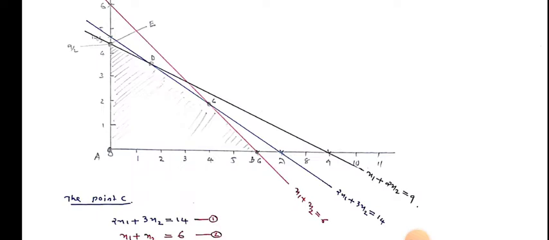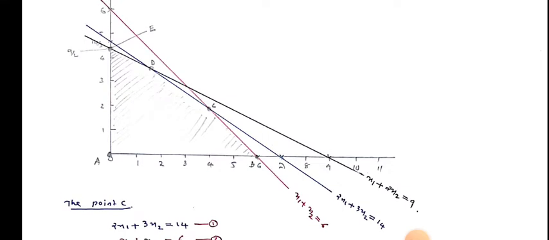This is the feasible region, and the corner points A, B, C, D and E are identified. We already know points A, B and E, so we find points C and D, which are intersections of lines, by finding the values of x1 and x2.